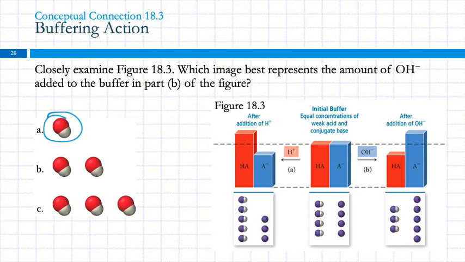See, so take this guy. It's going to combine with one of those. So the H plus from this is going to make water and A minus. So that one goes away, and then we form another one of these.